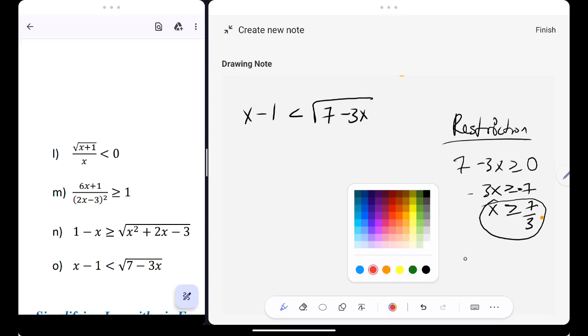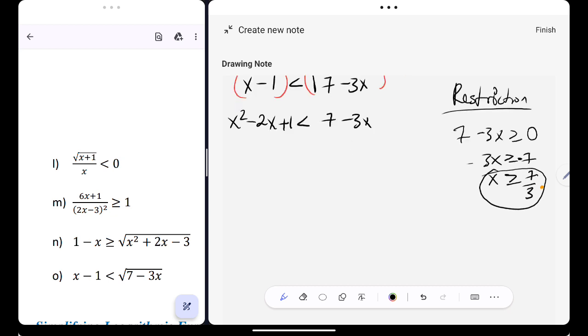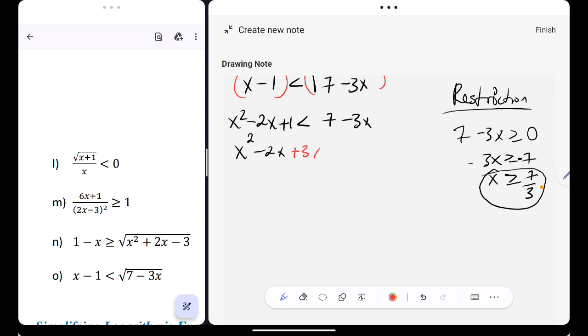For me to solve, the first thing I must do is remove the square root. Square both sides. I'll say x squared minus 2x plus 1 is less than or equal to 7 minus 3x. Now there are no square roots and there are no brackets and fractions. I can move to the next step. Put everything into standard form. x squared minus 2x plus 3x.